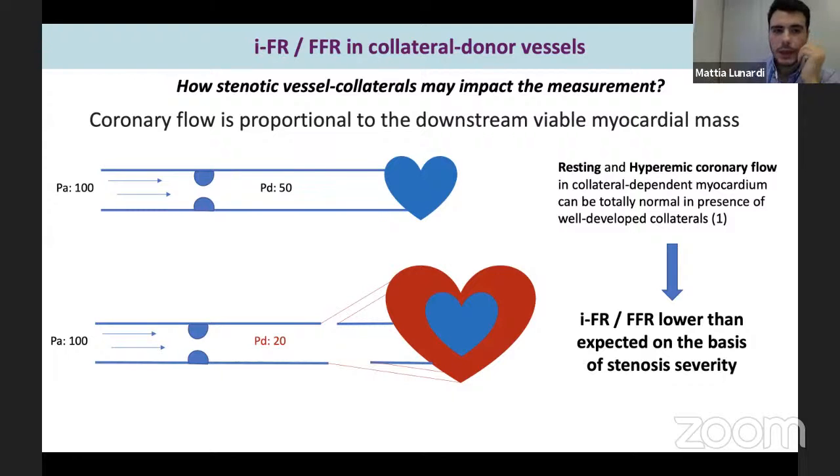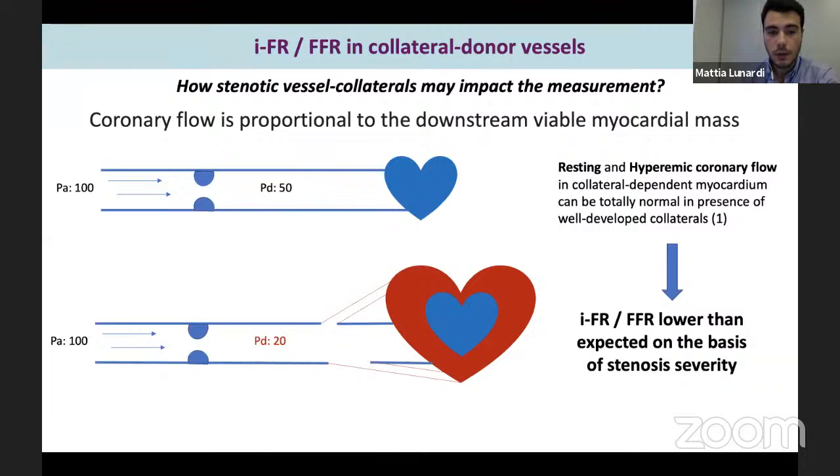So bearing in mind that the coronary flow is proportional to the downstream myocardial mass that a vessel has to supply, we can expect that if we have, for example, an LAD stenosis that also gives good collaterals to the right coronary artery myocardium in presence of a CTO of the right coronary artery, we expect an increased resting and hyperemic coronary flow in this vessel, in the LAD in this case.